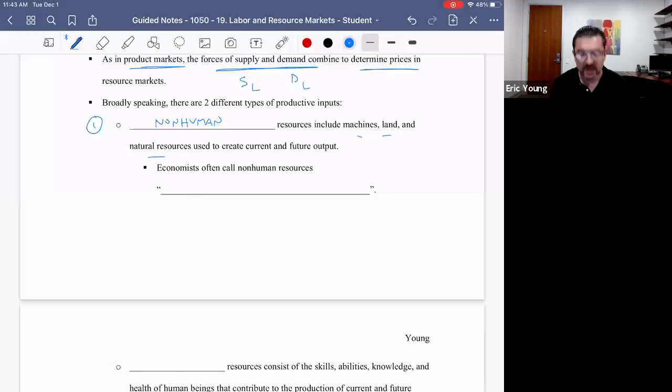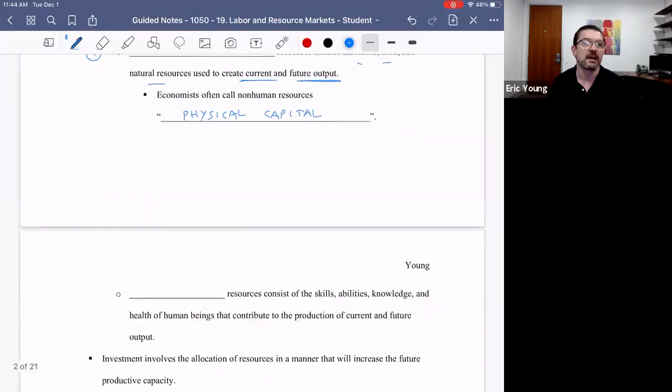All these non-human resources ultimately come together to help us create current output, the stuff that we'll consume today, as well as future output, the stuff that we'll consume later, okay? Economists, and you've heard this term in the class before, typically call these non-human resources physical capital. So you've heard the term physical capital or the capital stock. This refers to the non-human resources, the land and the capital components of the factors, okay?